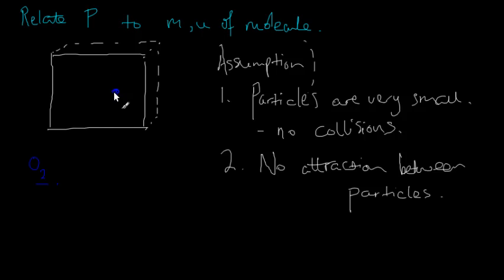So as far as this one oxygen molecule is concerned, it would move around as if all the other billions and Avogadro-constant number of molecules are not there, as if it's on its own. Because of these assumptions, you can see why they simplify things, because all I need is to just look at the motion of one molecule, and then I can have some hope to understand what's going on.